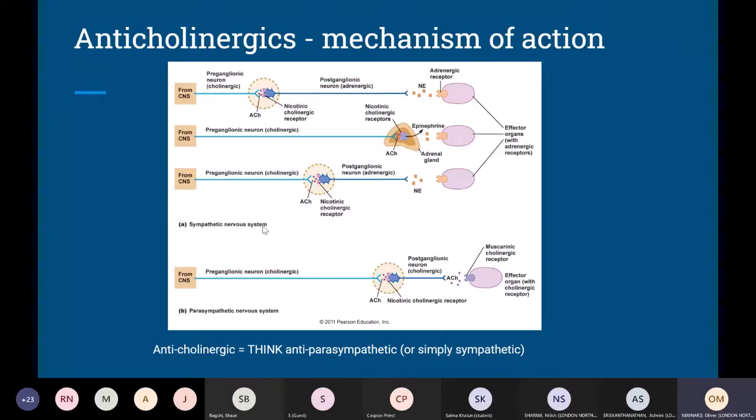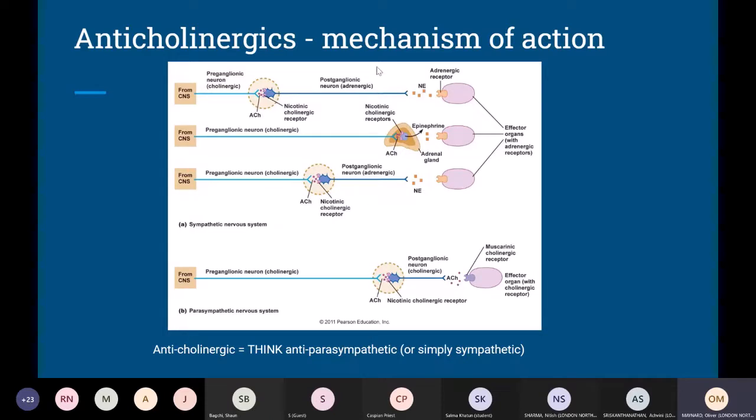These three at the top are sympathetic nervous system, and this one at the bottom is parasympathetic. Both the sympathetic and parasympathetic nervous systems use acetylcholine as the preganglionic neurotransmitter.